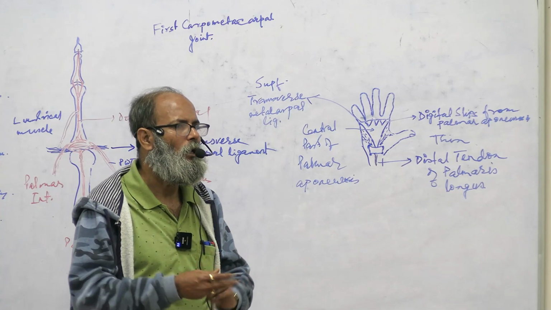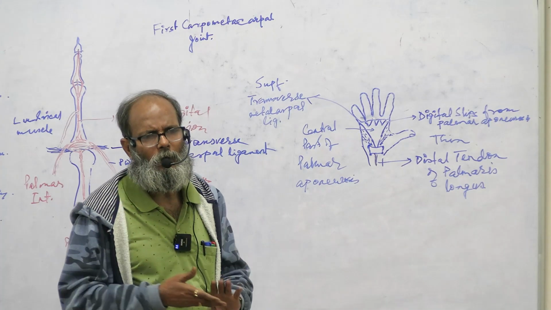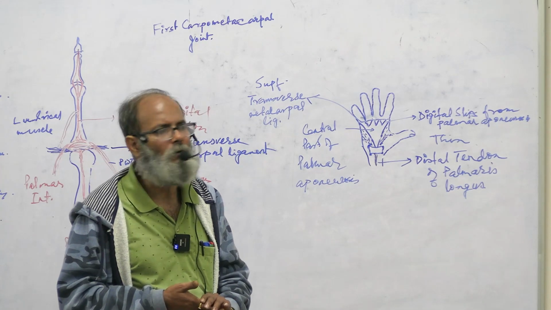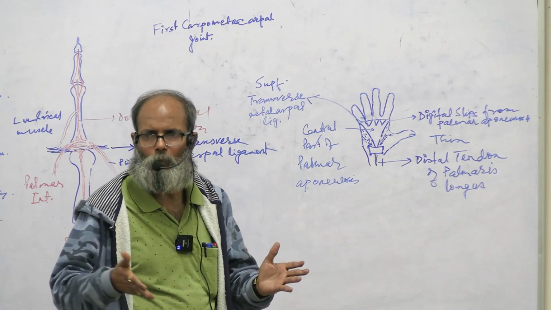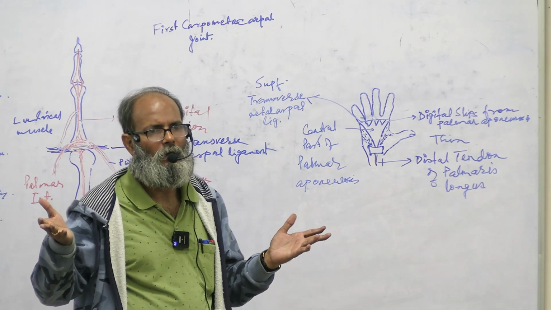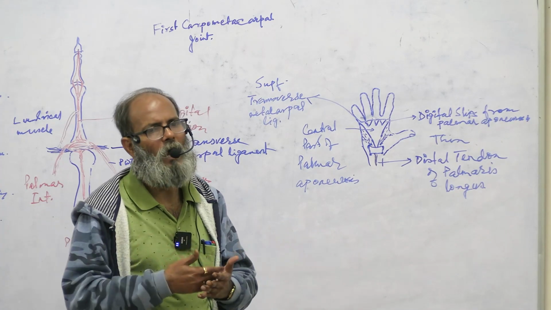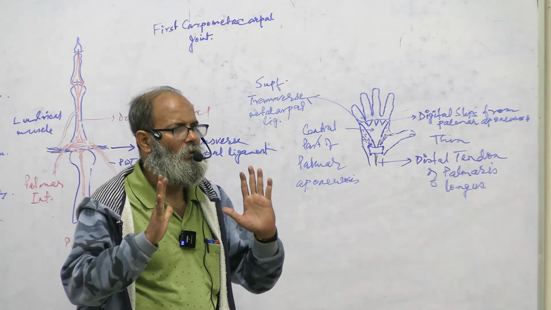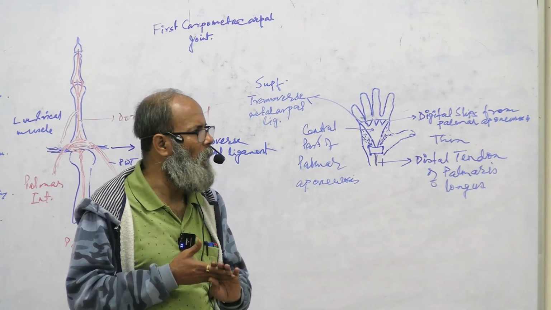This is possible due to the abundant presence of Meissner's corpuscle. You know, this is a tactile receptor, Meissner's corpuscle, Pacinian corpuscle. All of these are tactile receptors. So there is abundant presence of these tactile receptors in the skin of the hand.